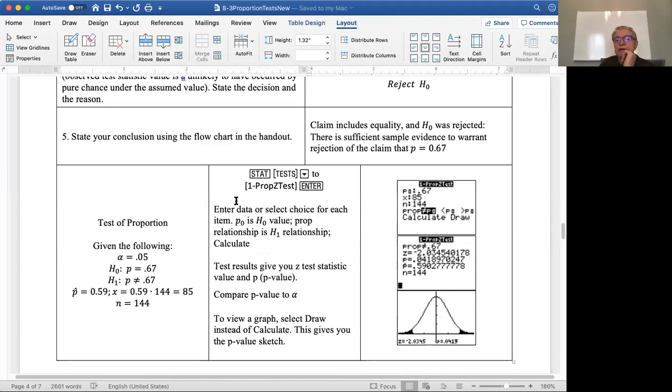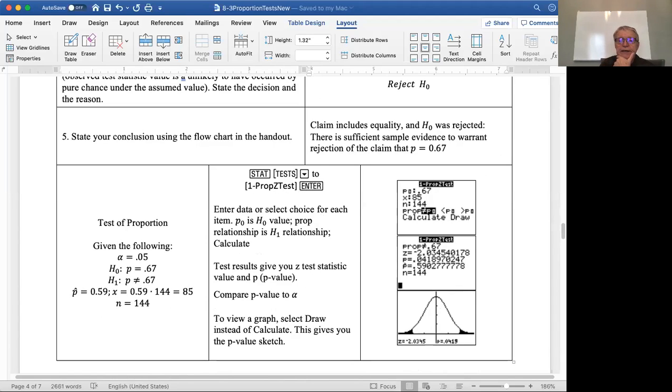Remember what the test does, the one prop Z test for test of proportion. The one prop Z test basically answers the question in step 2, what's the value of the test statistic? And it answers the question in step 3, what is the p-value? It ignores critical values entirely. It just answers those 2 things. Okay, so let's do this.